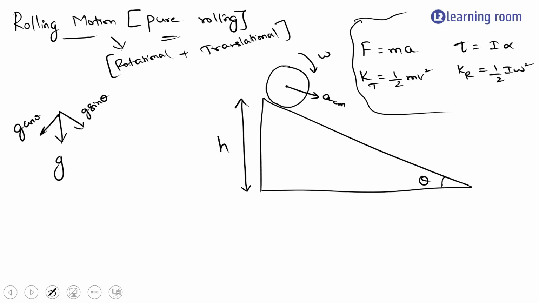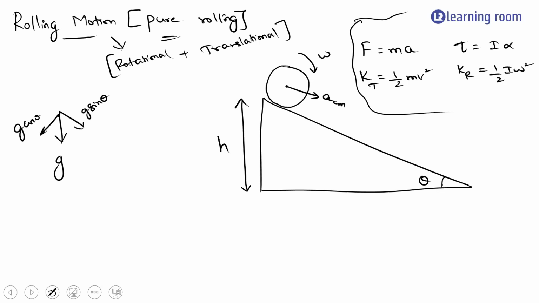Now, I'll club all the concepts and give you a thought process. Listen to this. Why I told you g sin theta can't put this object in rotation is because g sin theta is passing through the axis about which it is revolving. And when I discussed the concept of torque, what did I tell you? Any force that is passing through the axis of rotation can never contribute to the torque. When there is no torque, there is no rotation.